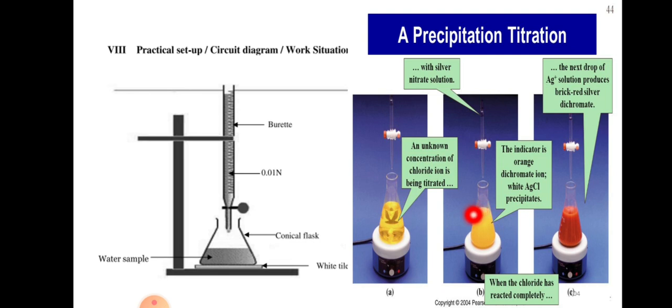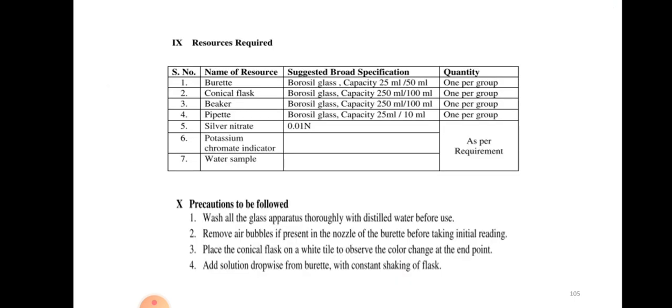When all chlorides are finished or utilized by the AgNO3, the solution turns red, and that point is called the end point. That reading we are going to note down. Resources for this experiment: we require the burette, conical flask, beaker, pipette, silver nitrate, potassium chromate as an indicator, and a water sample.